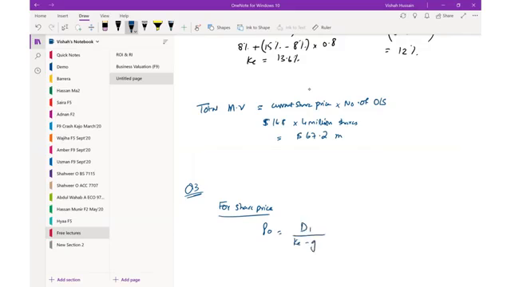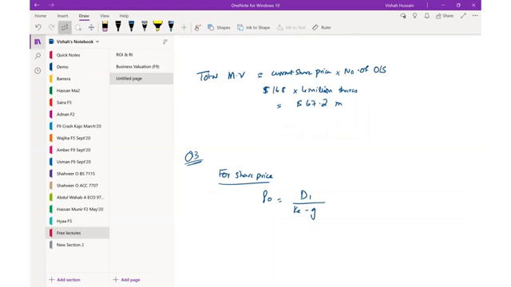Same formula shall be followed, but the method would be a bit different in computing the growth rate.